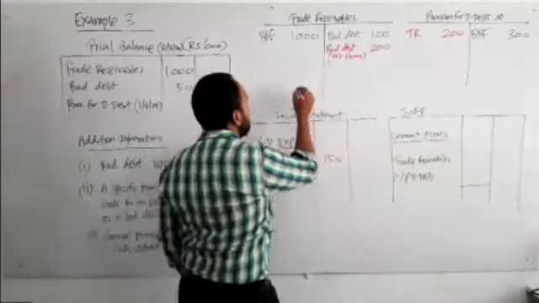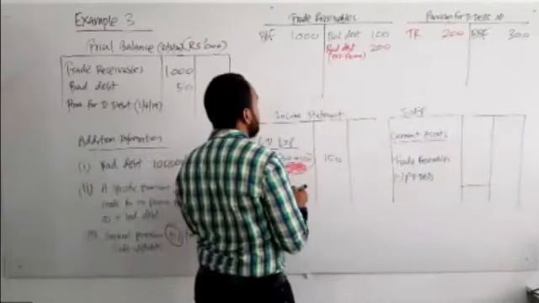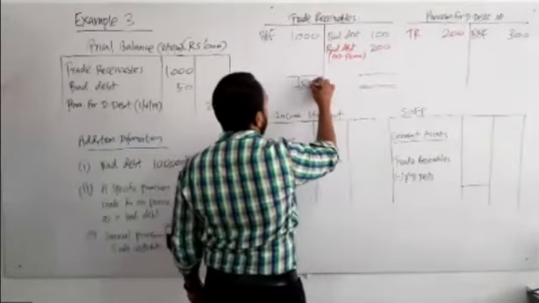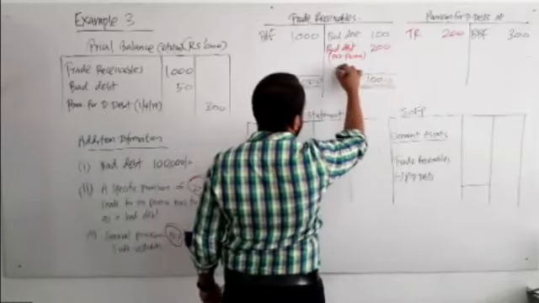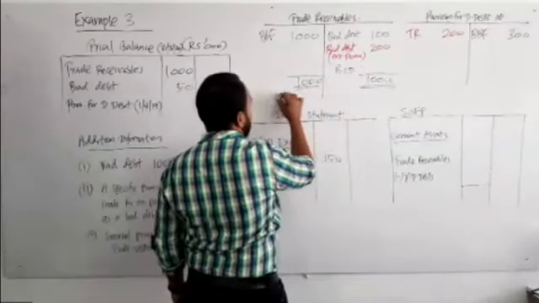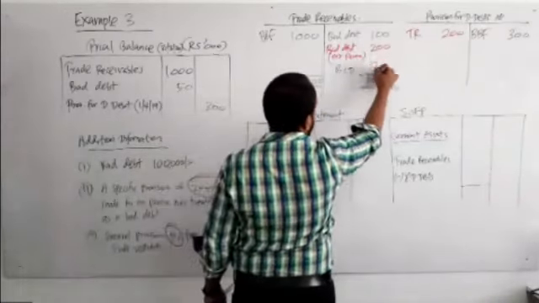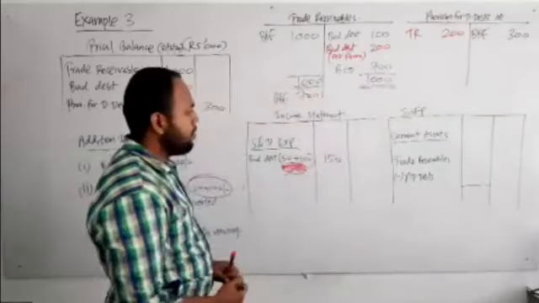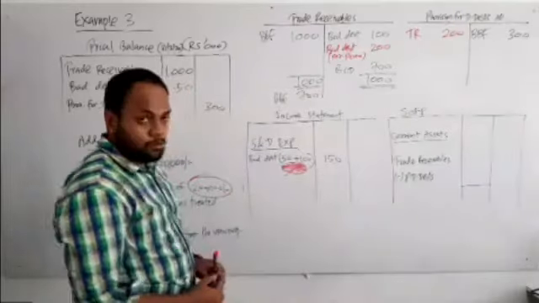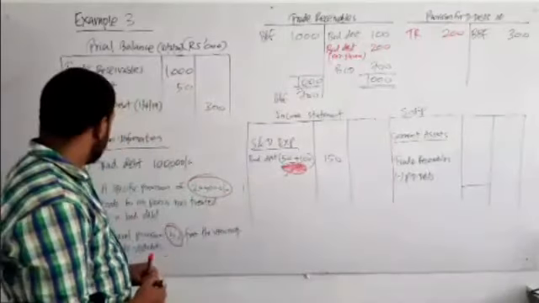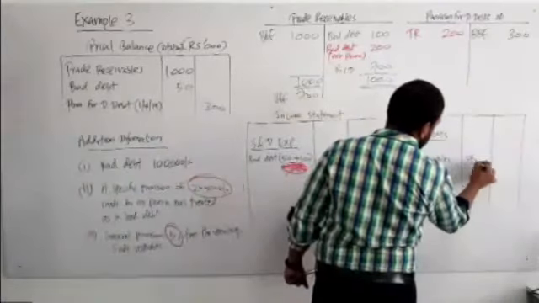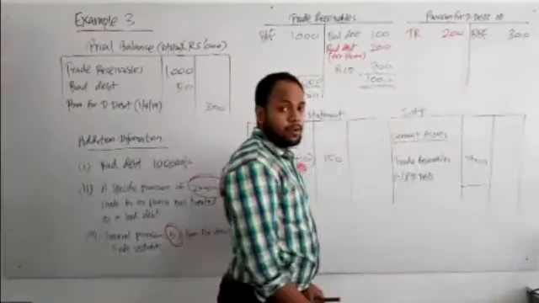Now to get the net debtor balance, the net debtor balance is 700,000. Trade receivables 700,000.